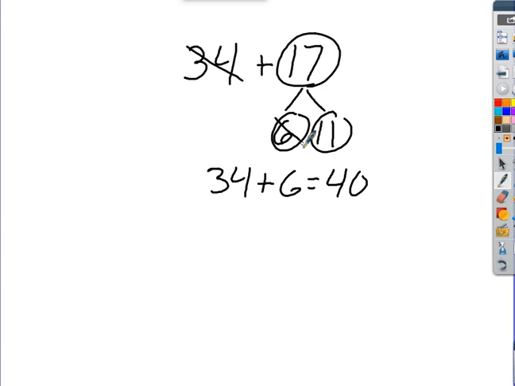We still have our 11. 40 plus 11 equals 51. We don't expect the students to have this mastered yet, but as we continue in the year, you're going to see where this understanding is going to help them with larger and larger numbers.